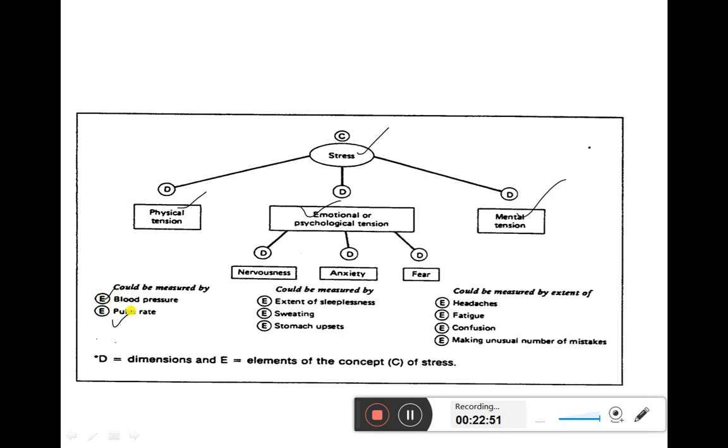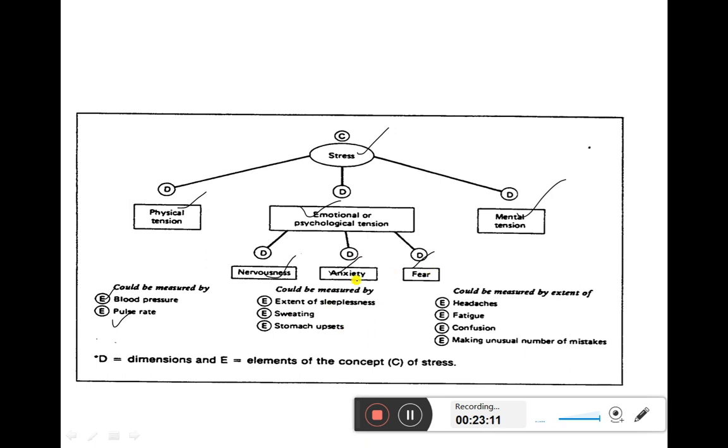Emotional or psychological tension is further divided into three dimensions: one is nervousness, one is anxiety, and one is fear. Then for each of these the elements extend to sleepiness, sweating, and stomach upset.